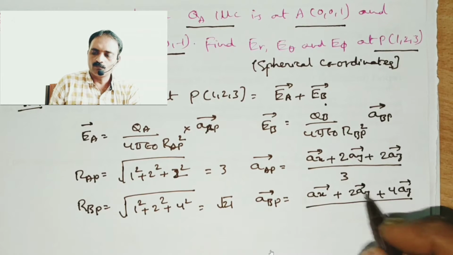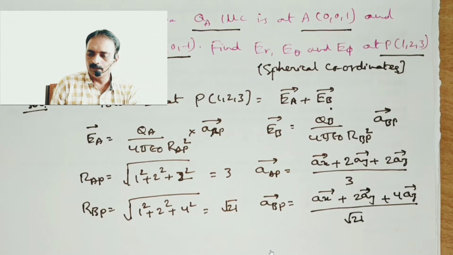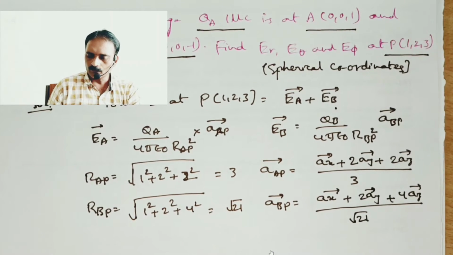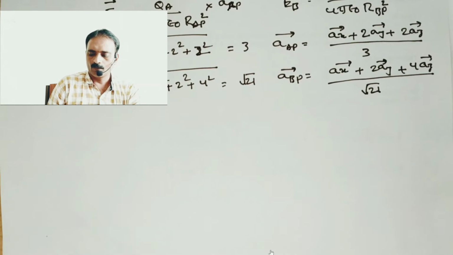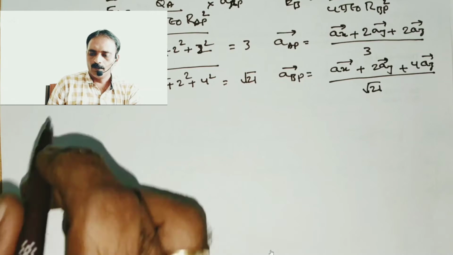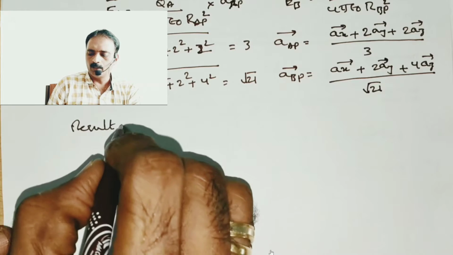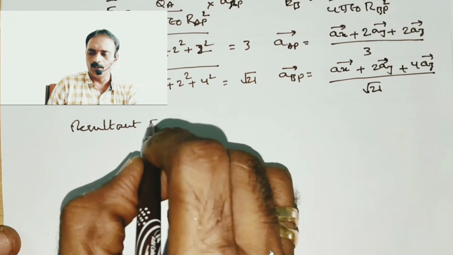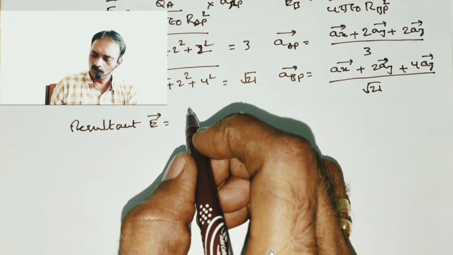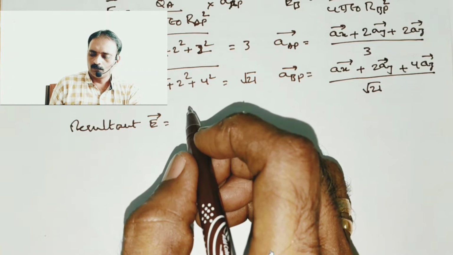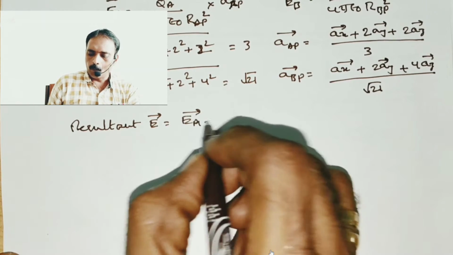Now, the total electric field intensity, the resultant, is equal to EA bar plus EB bar. Let us substitute the values here.